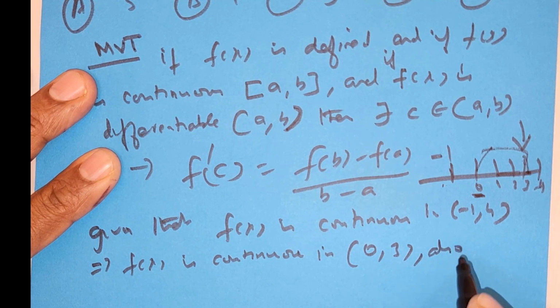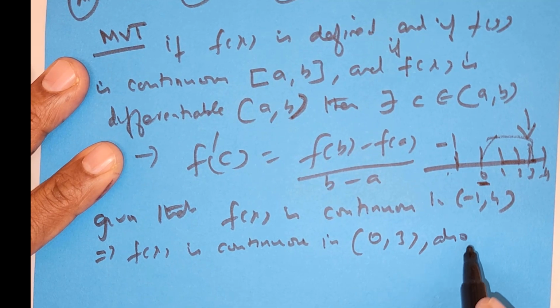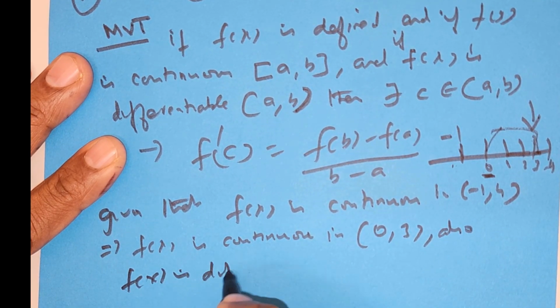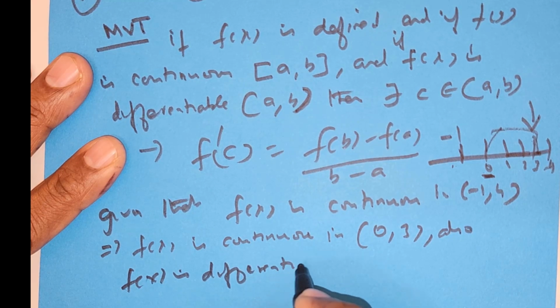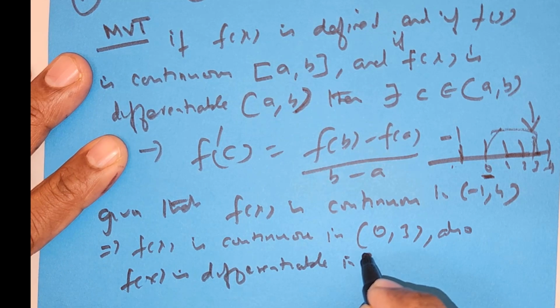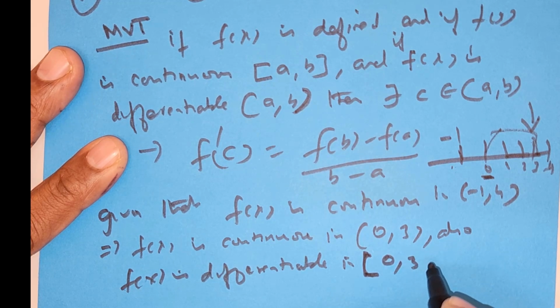Okay, also we have already been given that f of x is differentiable in this interval. So also f of x is differentiable in what? In the closed interval, 0 comma 3.